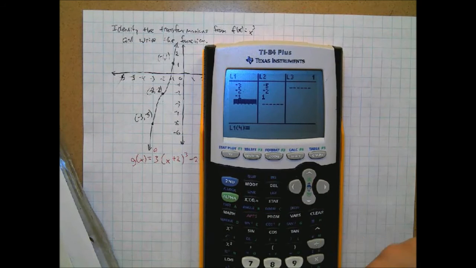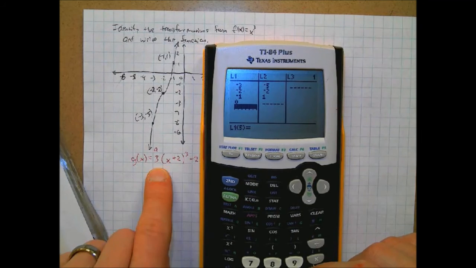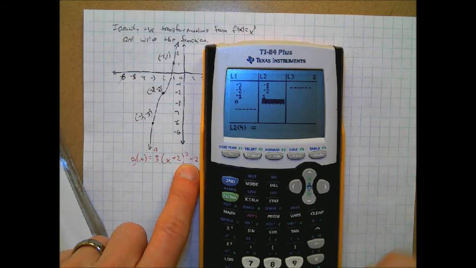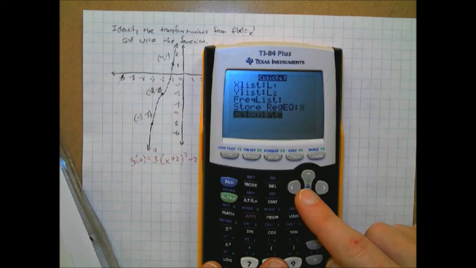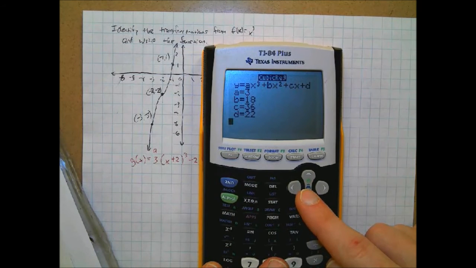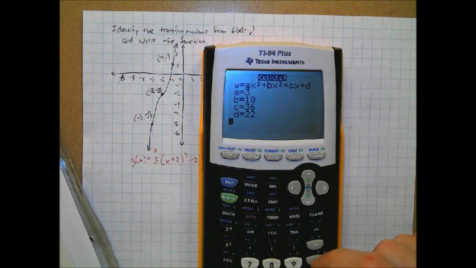Let me put another point in. We'll do 0, 22. Let's try this. Oh, okay. I think I just needed to give it another point.